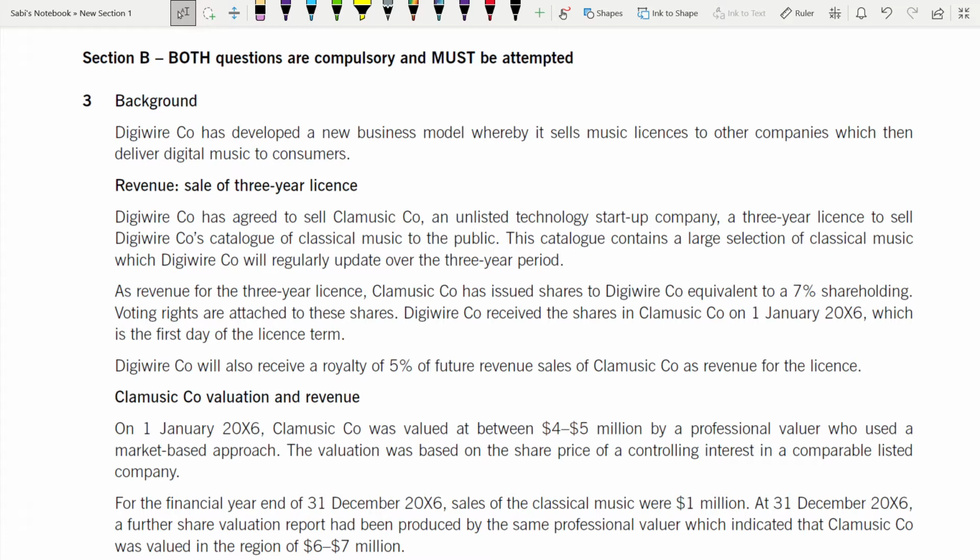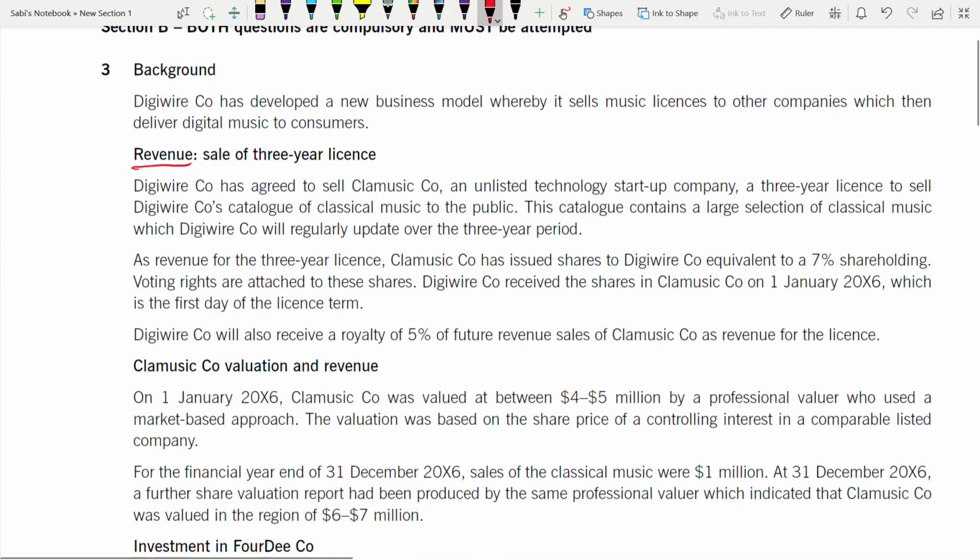As you can see, even if you don't read the whole case study or the requirements, just by reading the subheadings you can get an idea which IFRS are more likely to come. I can see there is revenue, which means IFRS 15, but it is too early to make a prediction.